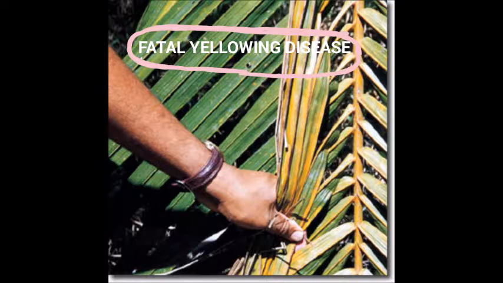It's different from the fatal yellowing disease in oil palm because the young leaf and apical bud are involved in the yellowing of the younger fronds. The occurrence of the disease depends on palm age and seasons.